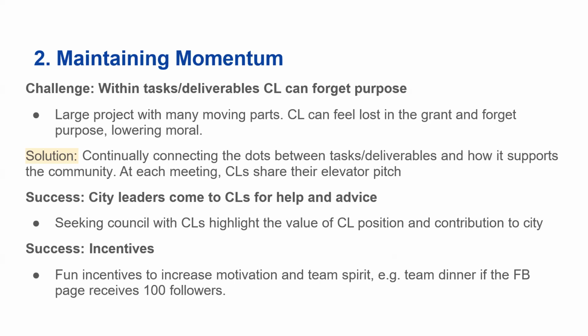And of course, when this happens, morale can drop. So the key here is making sure that the community liaisons stay connected to the why behind the work, so they feel empowered and engaged, not just overwhelmed by the process. And then Catherine can share some of the tips on how to do that.